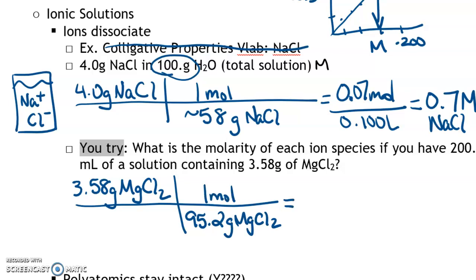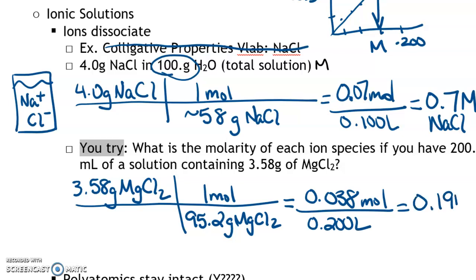And so that's going to give us 0.038 moles per 0.200 liters of solution. So that gives me a concentration overall for the solution of 0.19 molar MgCl2.